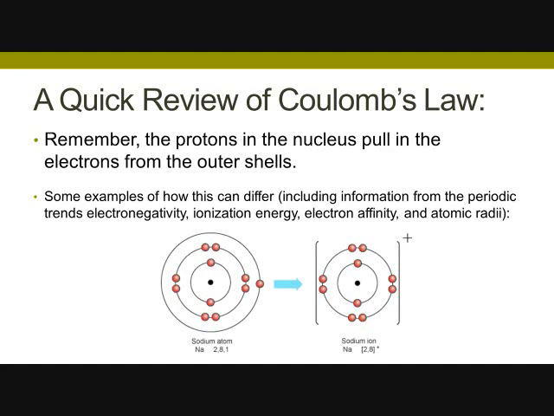So I have a couple of examples of how it can differ, also in pictures. This first one, the left picture is the sodium atom, and the right is the sodium ion. Notice the plus charge showing that it lost one electron.